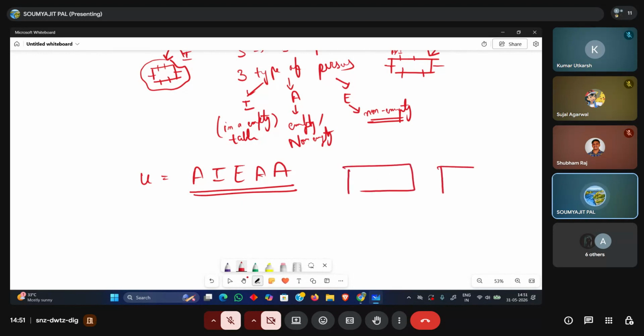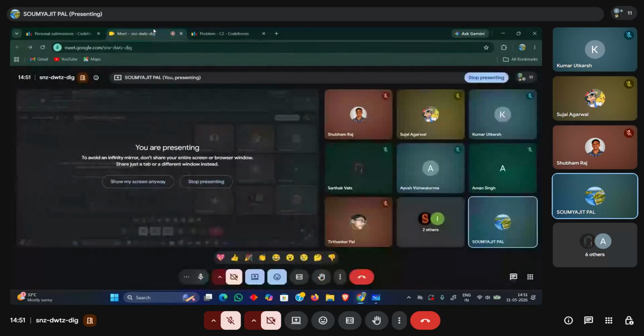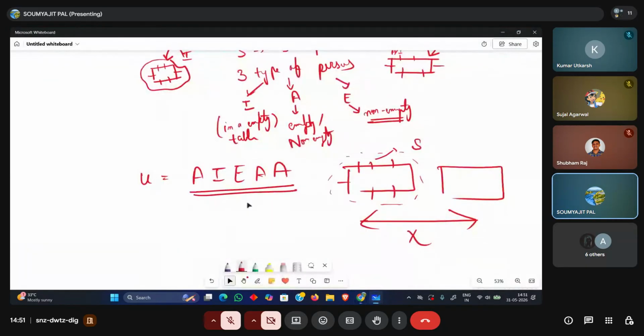So we are given X tables and there are S seats per table. This whole thing has a total of X times S seats. I think up to this the problem statement is clear. Let's see how we can solve this.